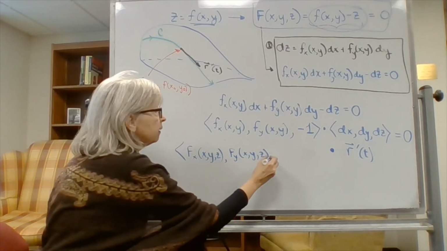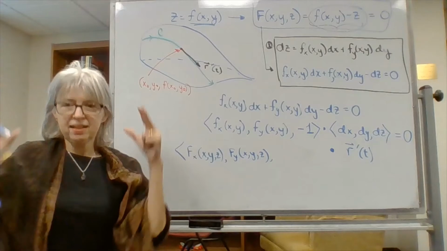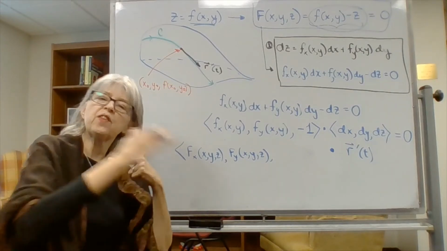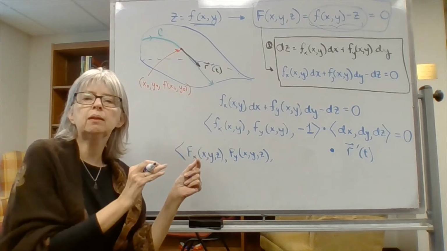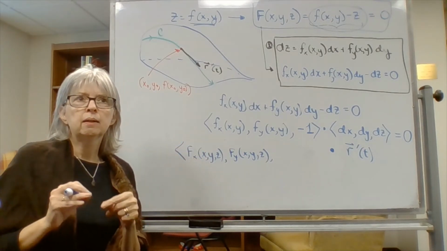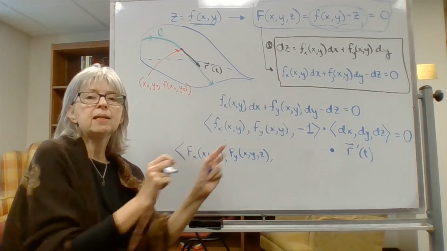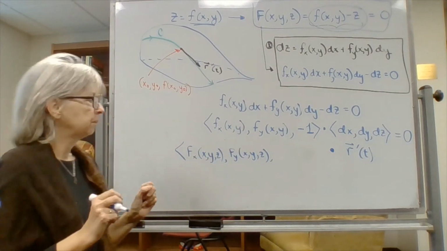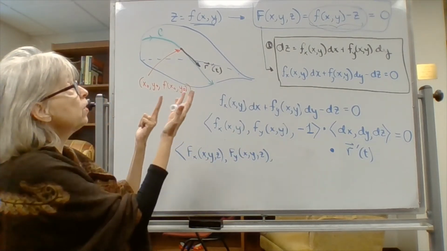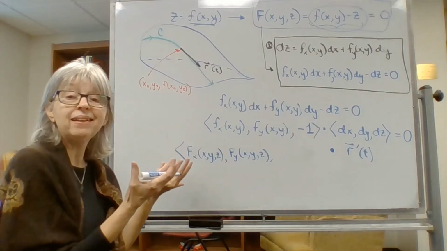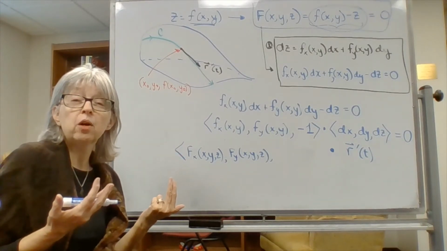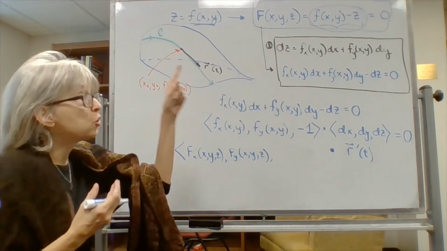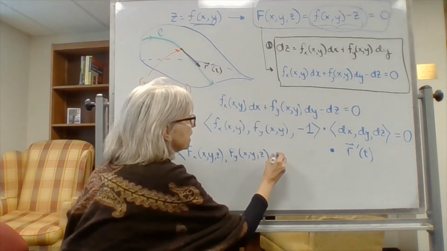Now, don't forget, big F is nothing but taking my original equation that defined my surface and rewriting it so that instead of z equals little f, I had little f minus z equals 0. Oh, and then the derivative of big F with respect to z: little f doesn't have a z in it, so its derivative is 0 with respect to z, but the derivative of minus z is minus 1.